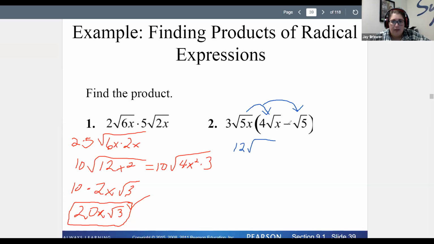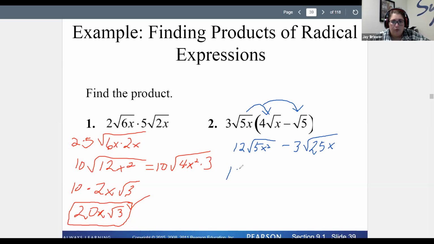And 5x times x will give us 5x squared. Minus 3 times 1 is 3. Square root 5x times 5 is 25x. But we're not done because now we can go through and pull things out.